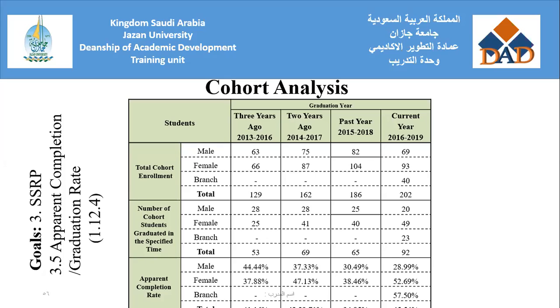Male and female, how many students enrolled, total cohort enrollment. Total in 2016 was actually 202 students, but here I have taken male and female. For 2016 to 2019, 202 students joined and the number of cohort students graduated in the specified time was 92 students, and these are the passing rates.